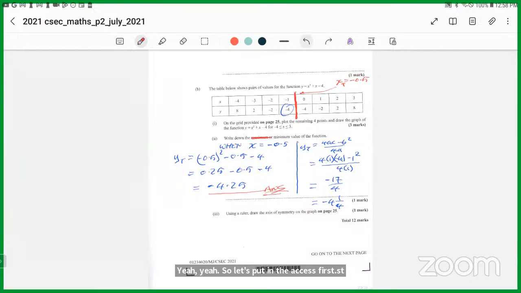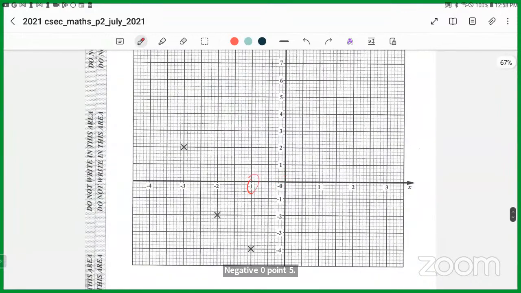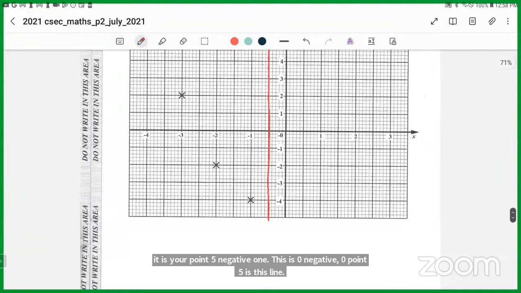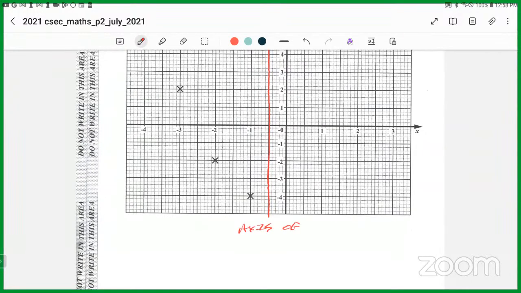Negative 0.5 is this line. So this becomes the axis of symmetry, which is x equals negative 0.5.